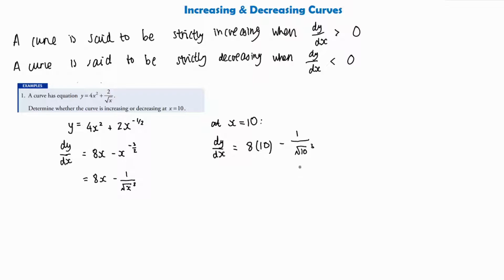Now in this case, we're going to rewrite this a bit. So we'll say this equals 80. And in this case here, we've got the square root of 10 cubed. Well, I think we'll just write that as 10 root 10.